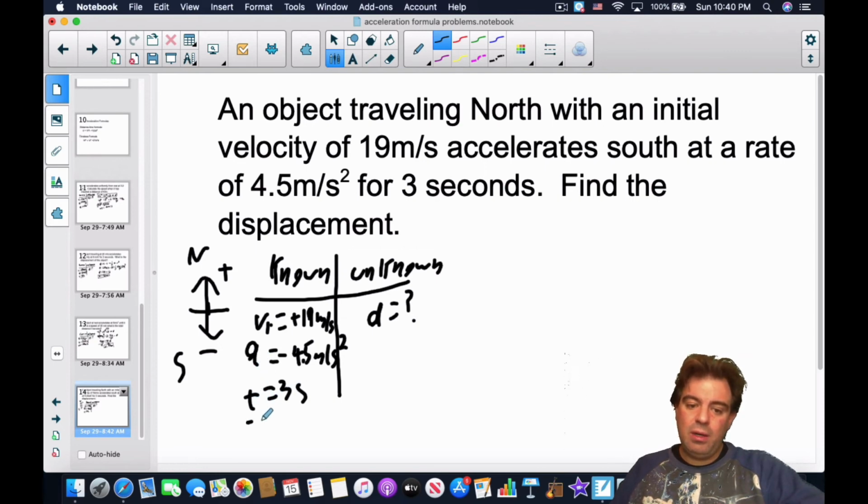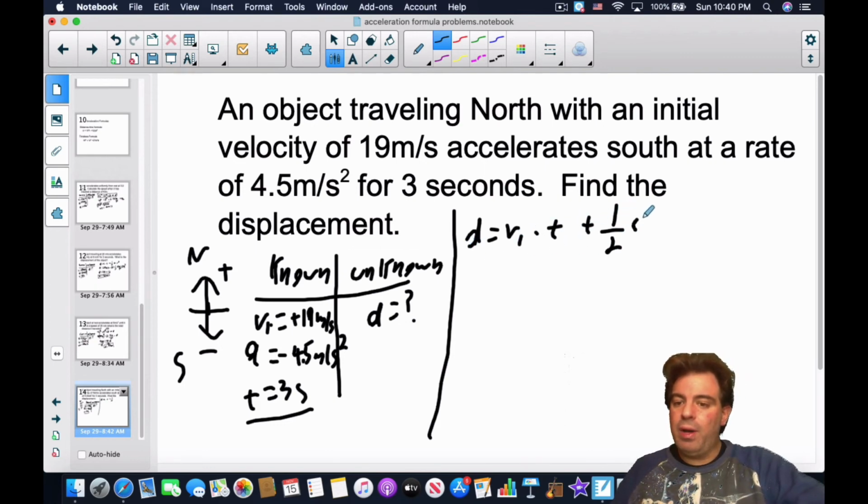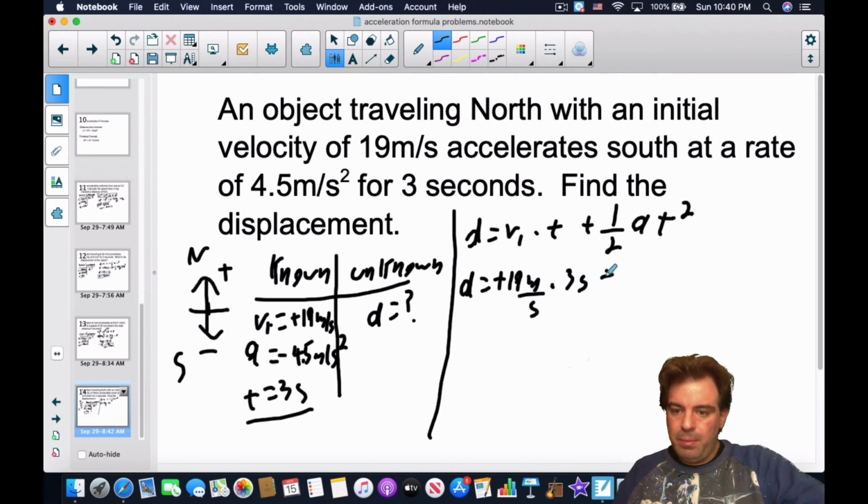Let's look at all of our variables. We see clearly over here we have time, so therefore we're going to use the distance time formula in order to find this. And what is it? Distance equals velocity initial times time plus 1/2 at squared. Let's plug everything in. Distance equals velocity initial is going to be now positive 19 meters per second times the time, which is 3 seconds plus 1/2 acceleration.